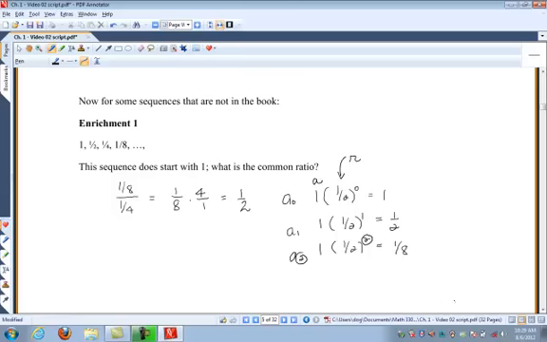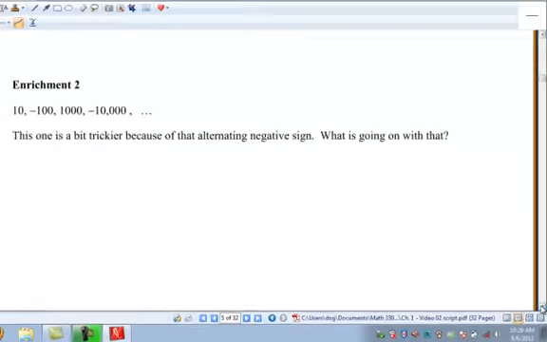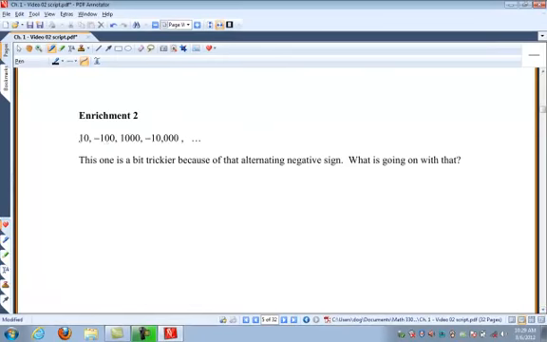Now let's look at one that's a little bit trickier. You'll see these from time to time though. Look at this: 10, negative 100, 1,000, negative 10,000. What's going on with that alternating negative sign? That's very unusual. So we'll look at sequential terms.